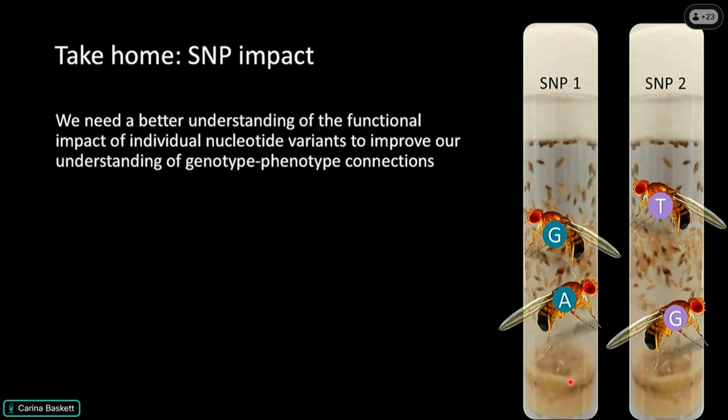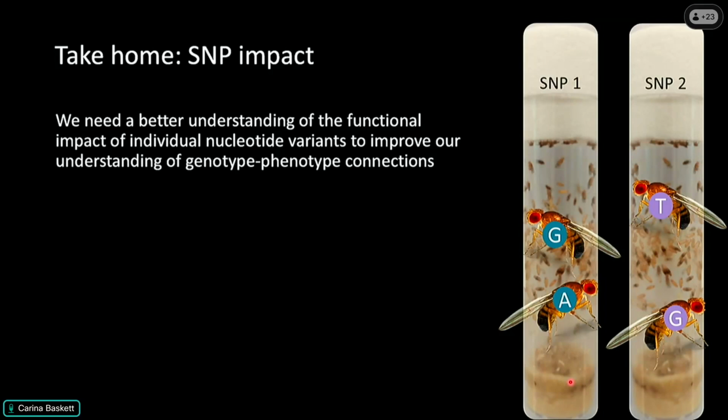And this would help improve our understanding of the genotype to phenotype connection. So if you have a group of genes or a block of SNPs, so a haploblock, what are these SNPs doing there? Do they all have a little impact? Do some have a big impact? Do they all have effects on different phenotypes? Right now, we know very little about it.